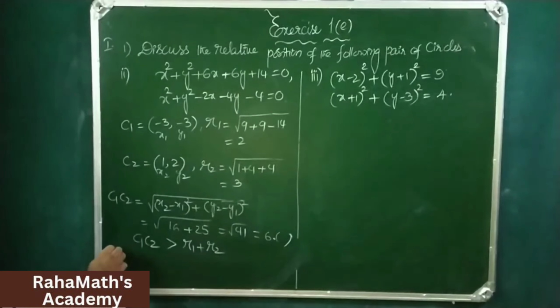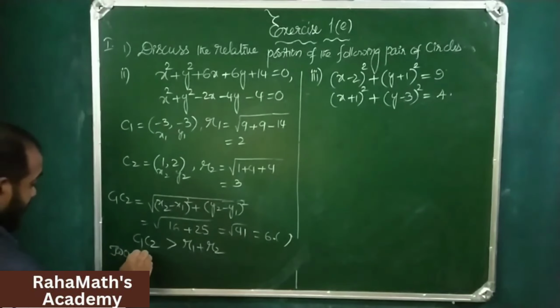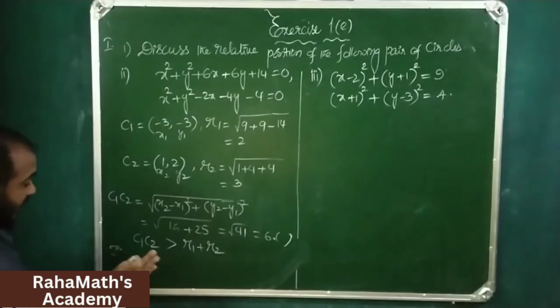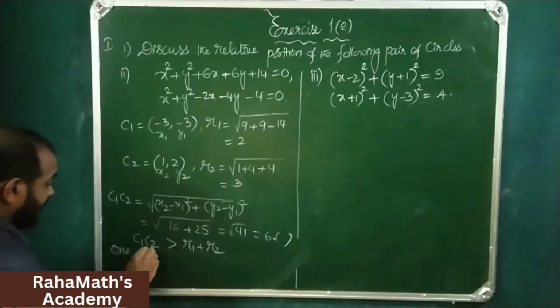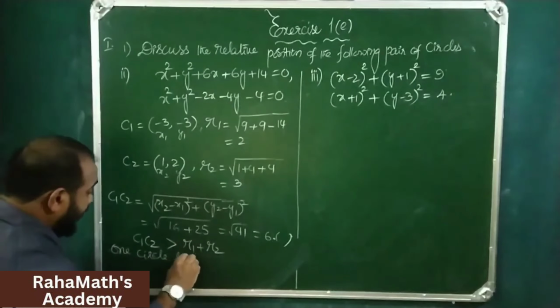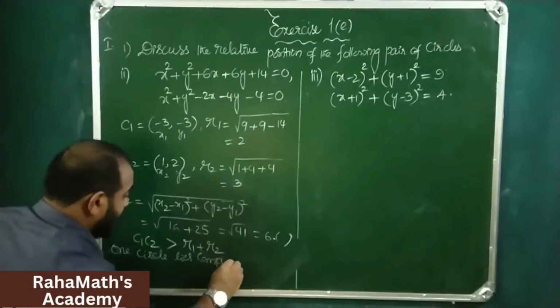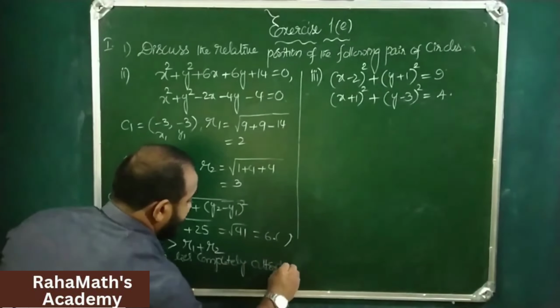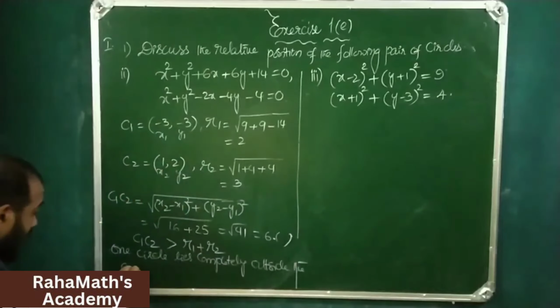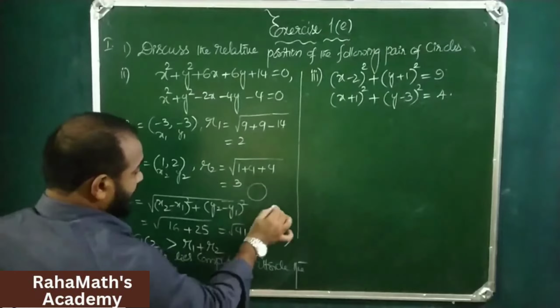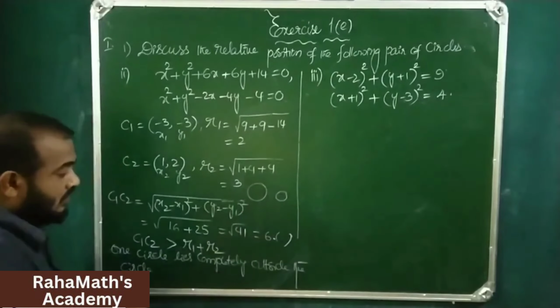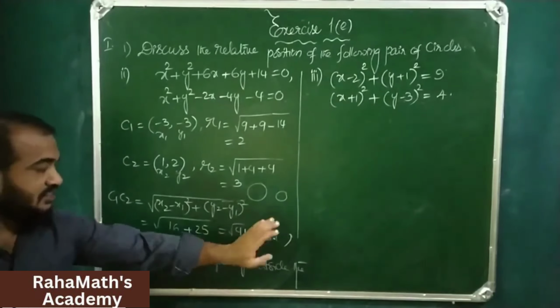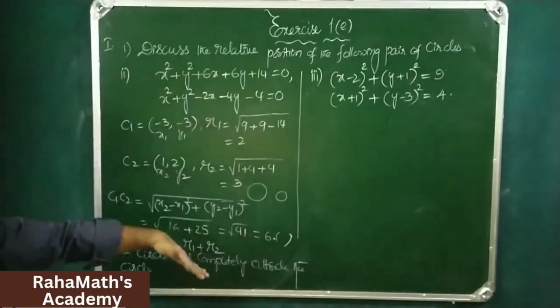Therefore the two circles, one circle lies completely outside the other. Completely outside means one circle is like this and the other circle is like this. So this is the condition for the first case.